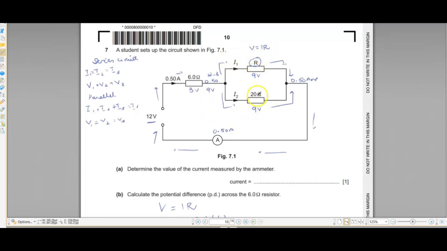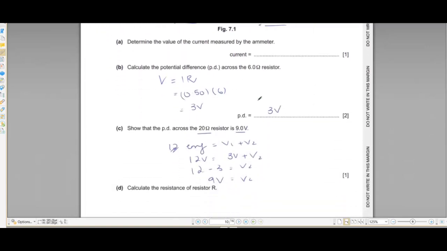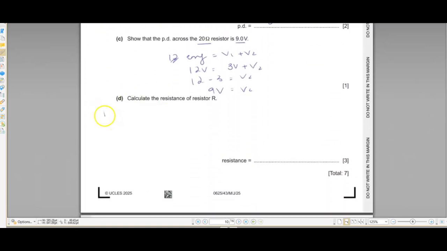So for this resistor, we already know the voltage and the resistance, so it is going to be very easy to find the current for this resistor. So we are going to do that first. And why are we doing that? I'll just tell you in a moment. 9 volts and 20 ohms. So 9 over 20 is going to give us an answer of 0.45 amperes. Okay, that is I.